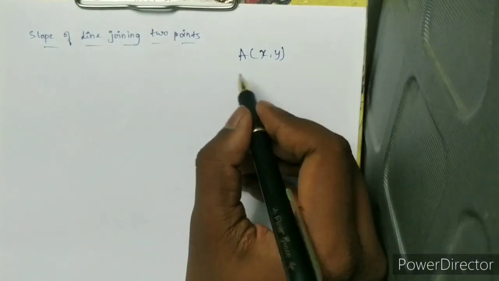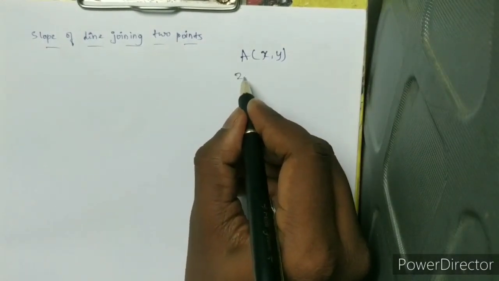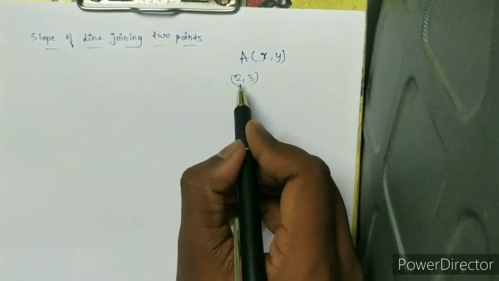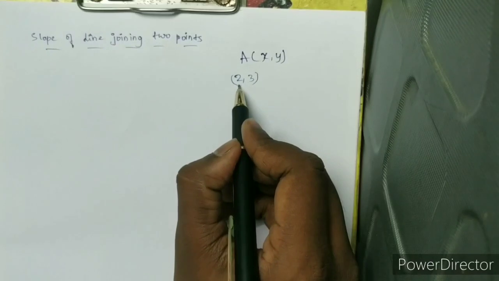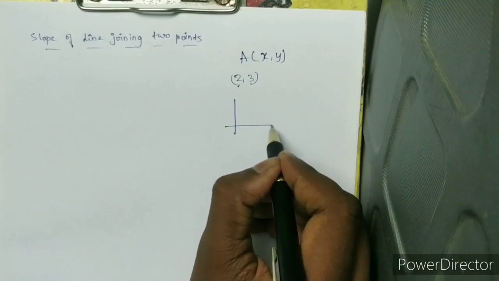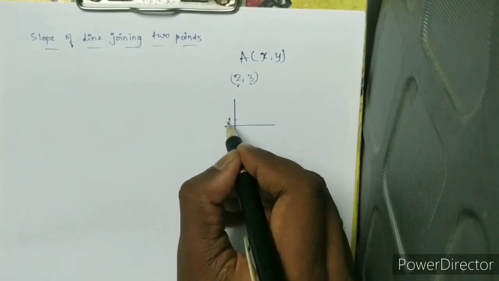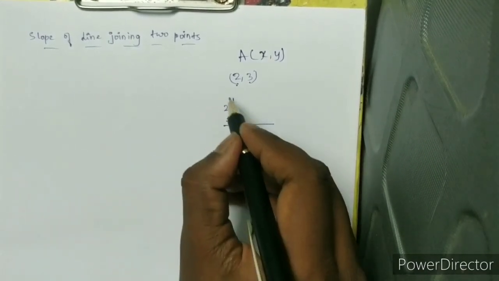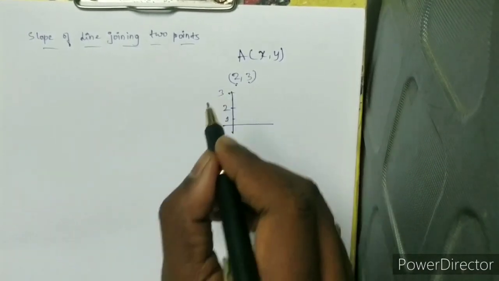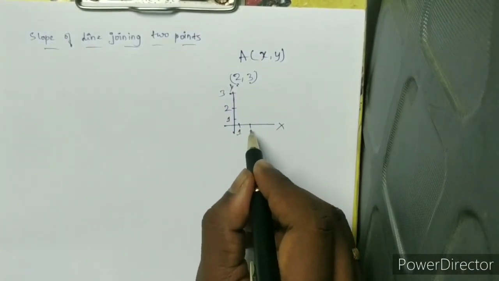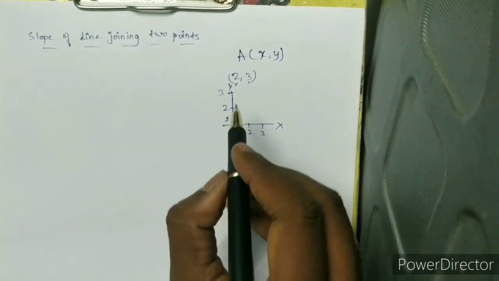Now, they're saying slope of the line joining 2 points. For example, if it is 2, 3, this is a point. First it is the x coordinate and then the y coordinate. For example, this is the y axis and this is the x axis. This is 1, 2, 3 on each axis.